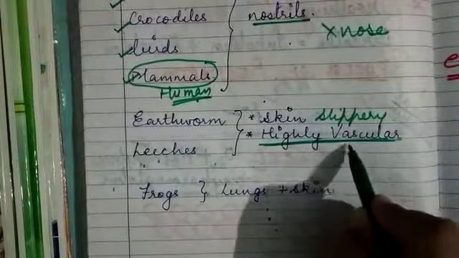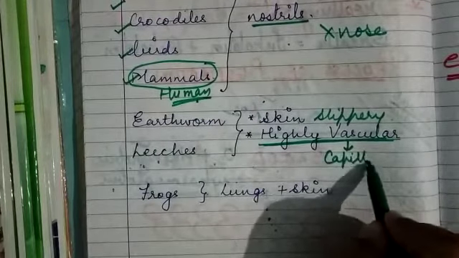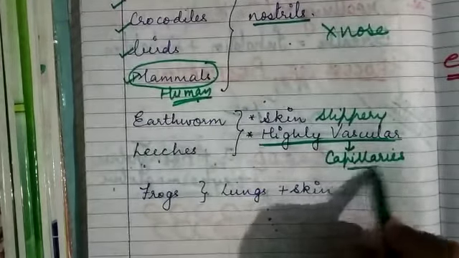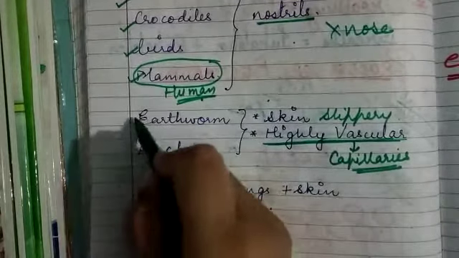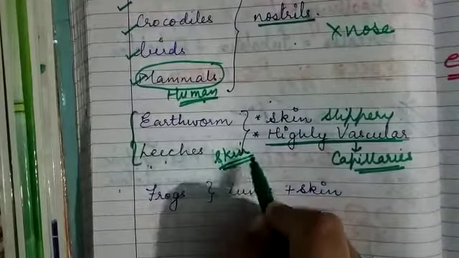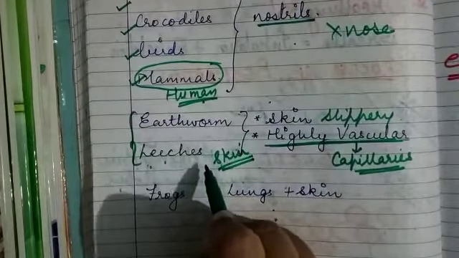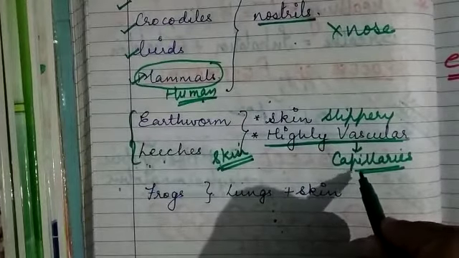Highly vascular means there are so many capillaries. The skin has so many capillaries. By way of these capillaries, they breathe with the help of their skin. So earthworms and leeches can breathe with the help of their skin because their skin is slippery and highly vascular, that means full of capillaries.